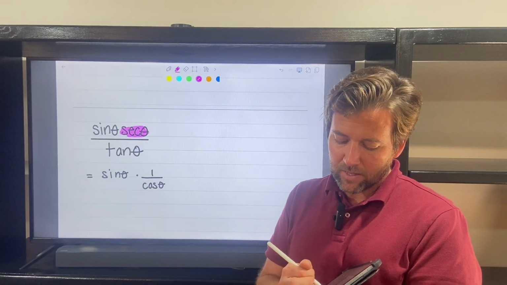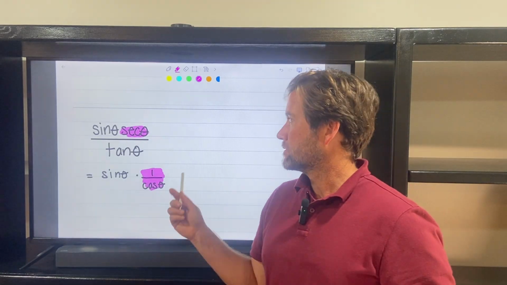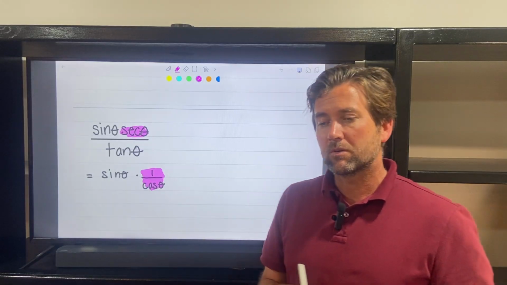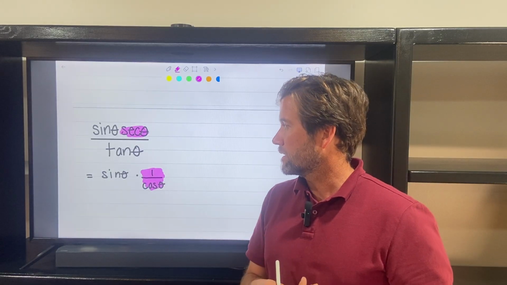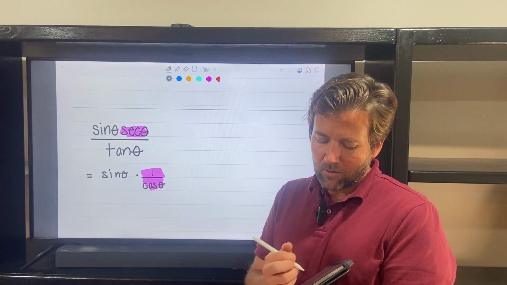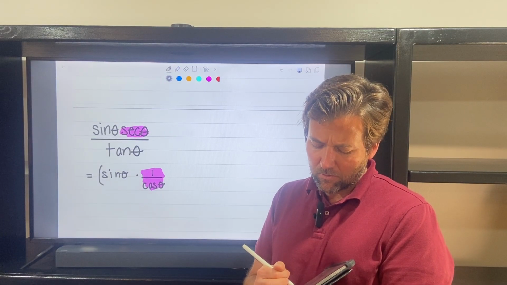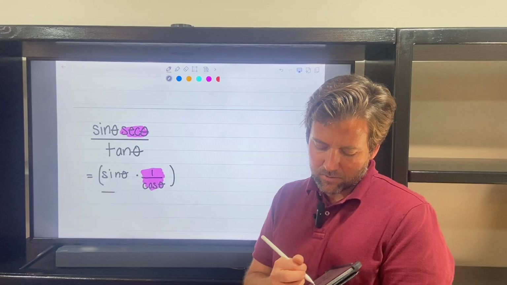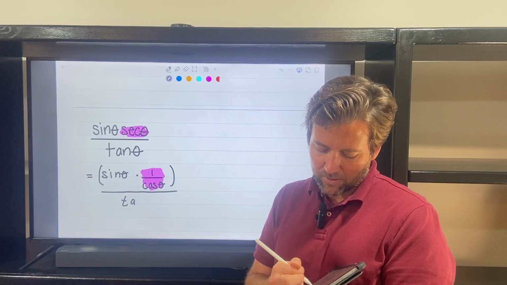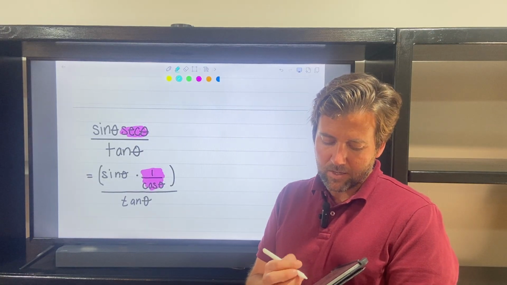So you need to be familiar with that secant of theta. It's equal to the reciprocal of cosine of theta, which is 1 over cosine theta. Now I'm going to write this as, well, I have that there, divided by tangent of theta. So I'm going to leave this denominator the same for a moment.